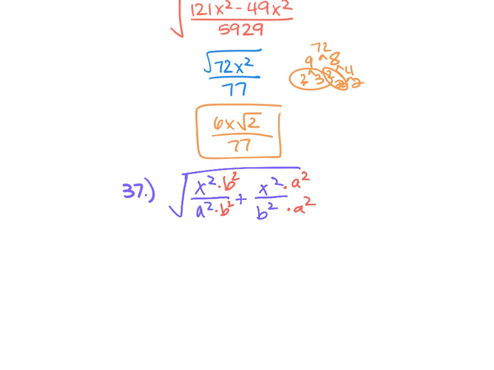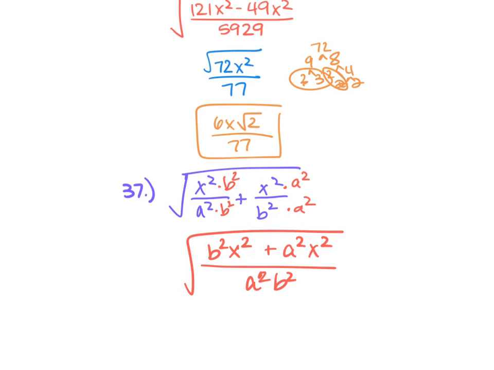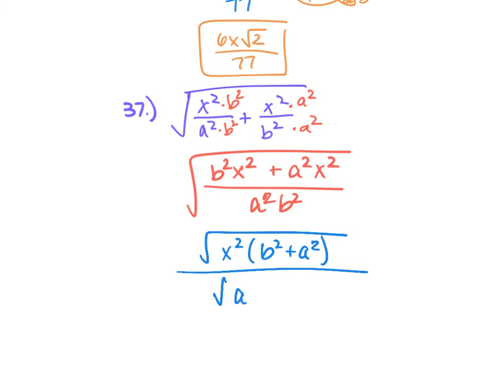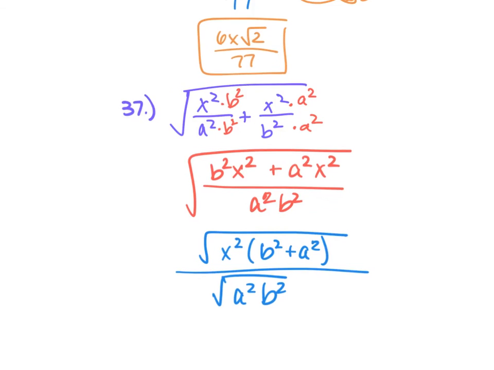So we have b squared x squared plus a squared x squared all over a squared b squared, and we're taking the square root of that. The top, if you wanted to, you could factor out the x squared to where you had x squared times b squared plus a squared over the square root of a squared b squared.